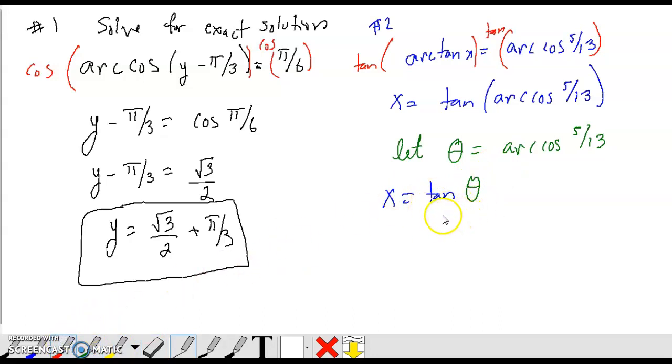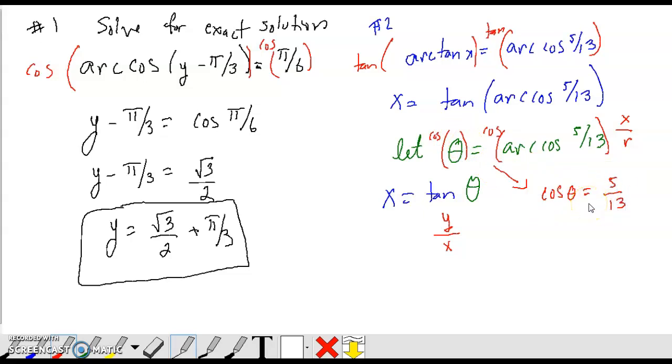All right, what do I know about tangent? I know it's made up of y over x. What I know about cosine is I know that it is x over r. So let's apply the inverse to both sides. So cosine of both sides. So this is going to be the cosine of theta is equal to 5 over 13.